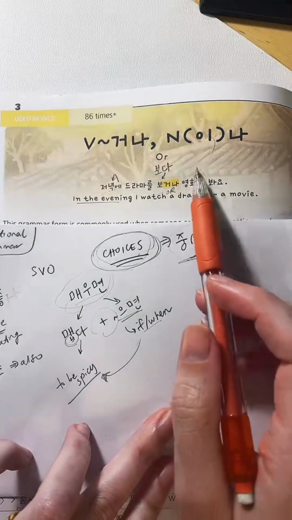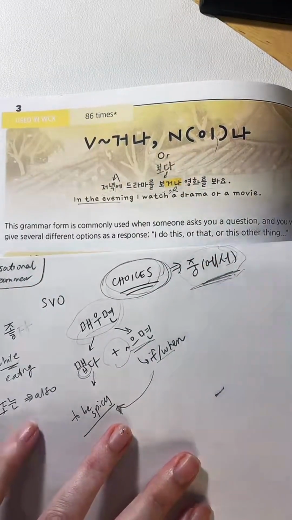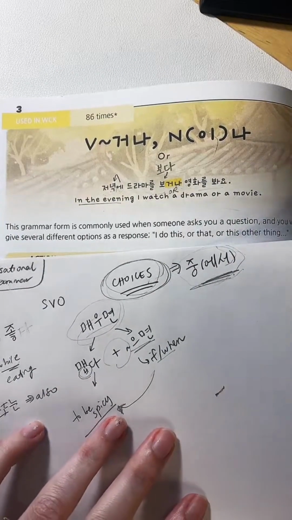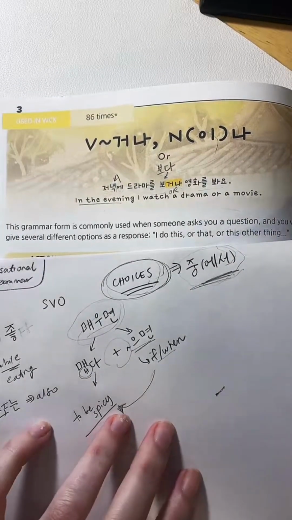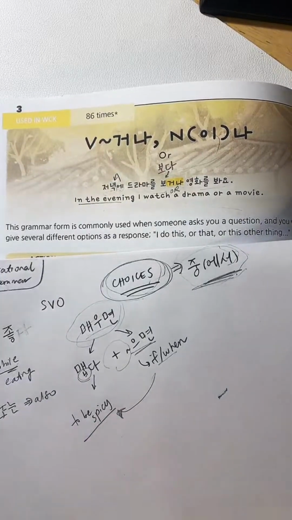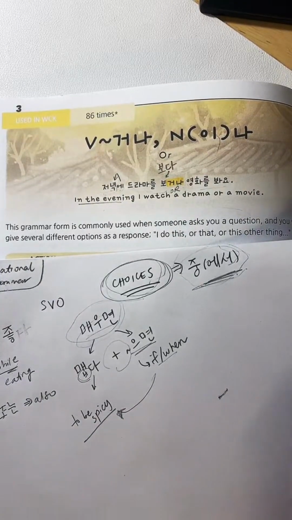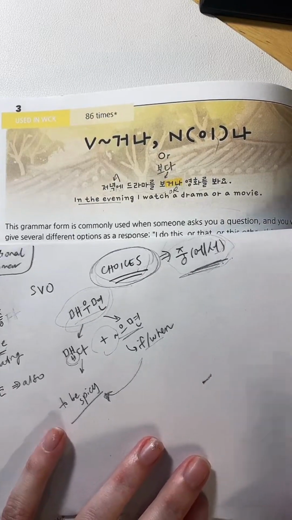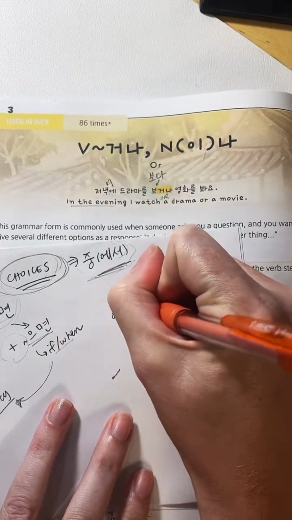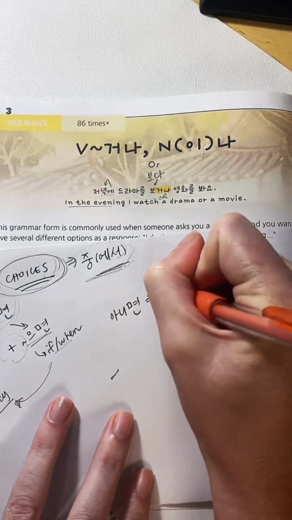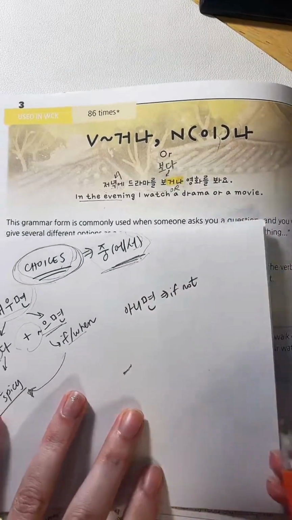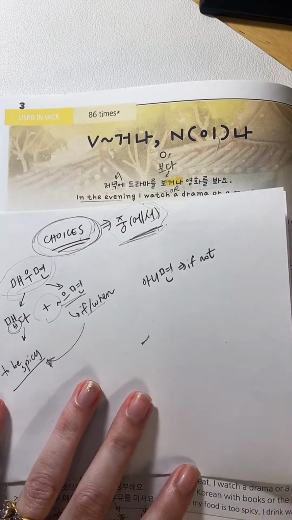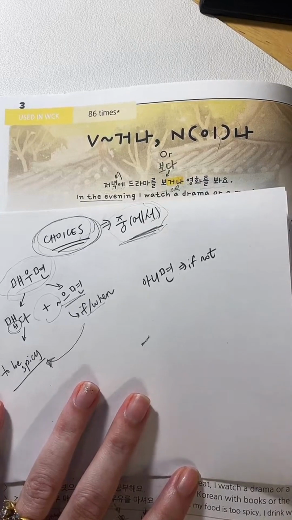But this grammar form is used a lot when you're listing options. I do this or that, or in the evening, I like doing this or that, those sorts of things. 아니면. 아니면 is like if not, literally. So that's used in things like, do you like this? Or if not, how about this? Or do you want to eat this?